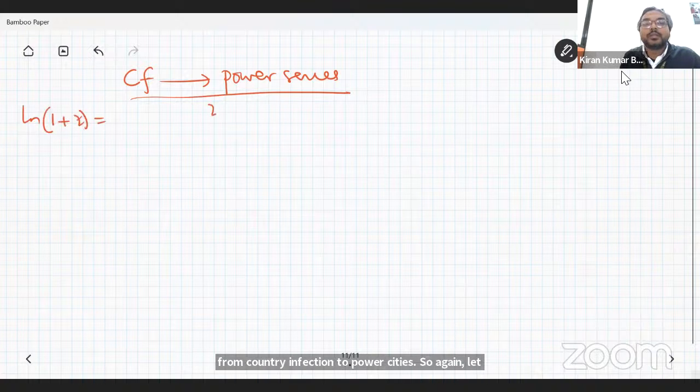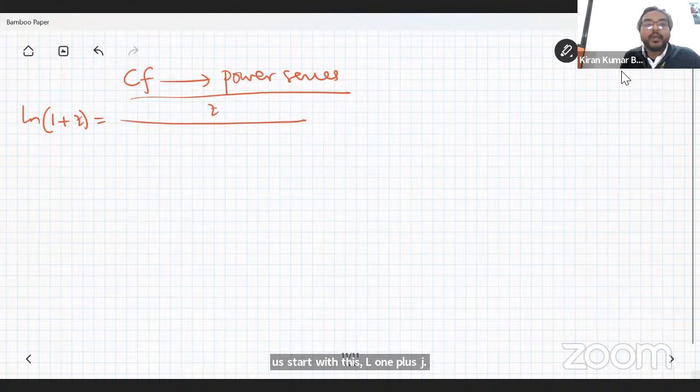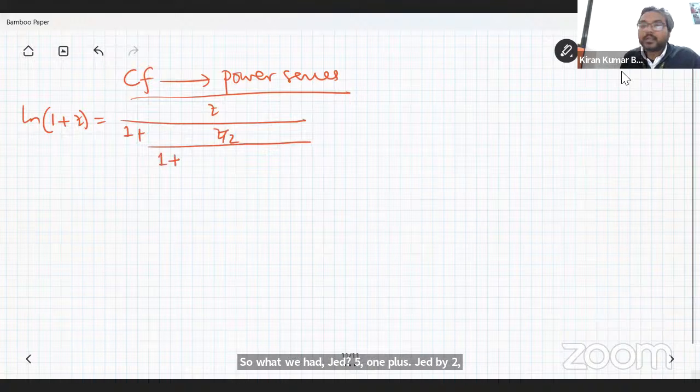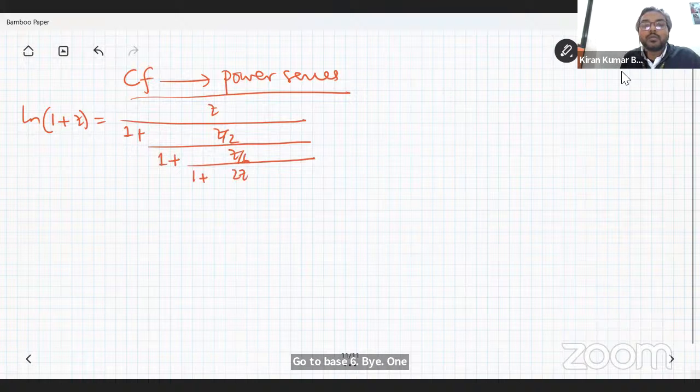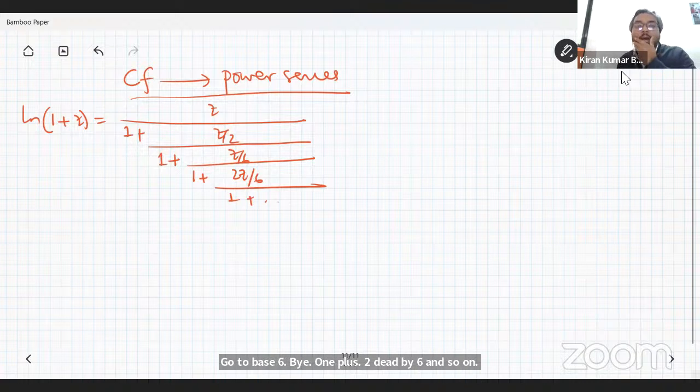What we had was z by 1 plus z by 2 by 1 plus z by 6 by 1 plus 2z by 6 and so on, right? So how do I convert this continued fraction to a power series?